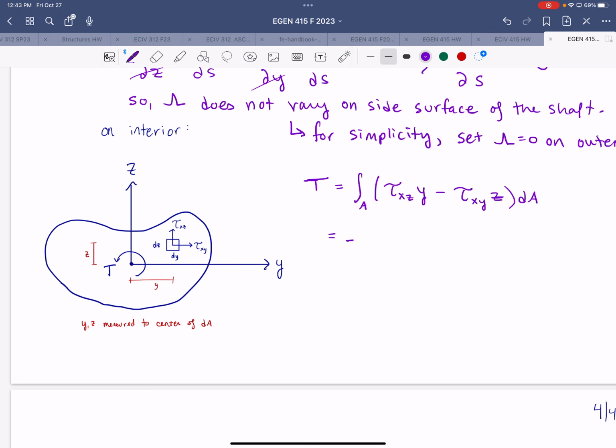So now substituting in our lambda definition, we have negative integral over the area of the partial derivative of lambda with respect to y times y plus the partial derivative of lambda with respect to z times z.